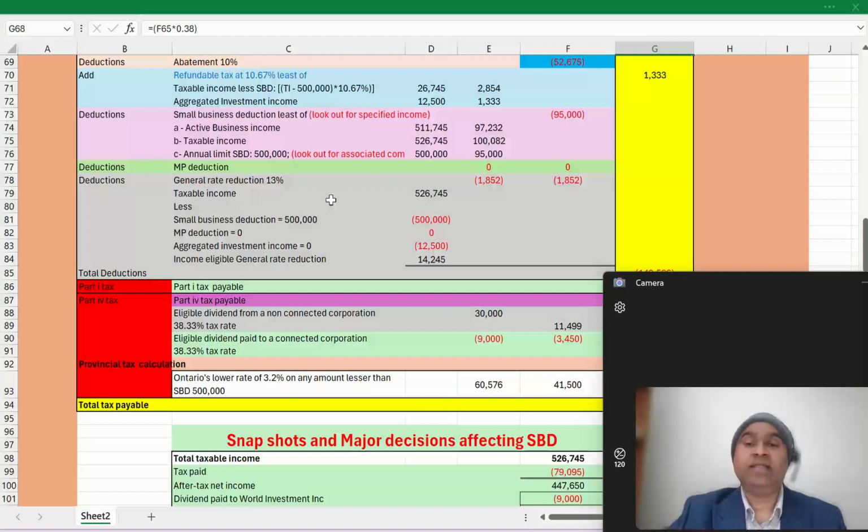Again, the GR rate, in this case, we have the taxable income less the small business deduction less the aggregated investment income. Keep in mind, the aggregated investment income is something that is from the current year.